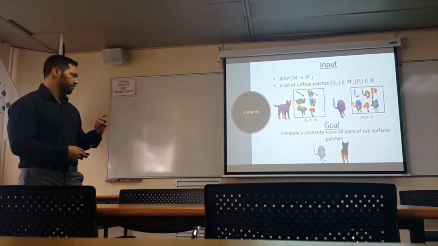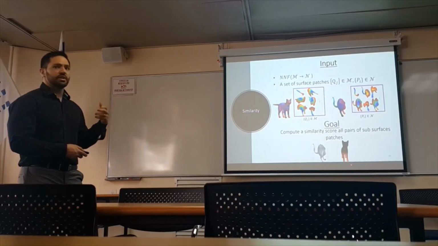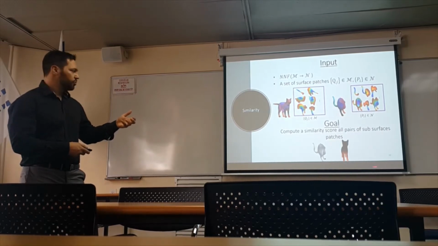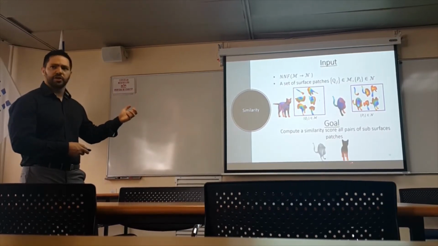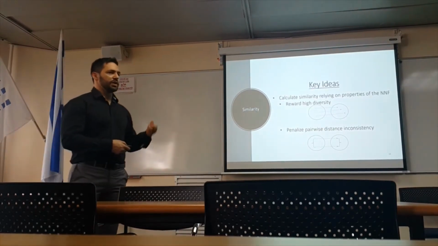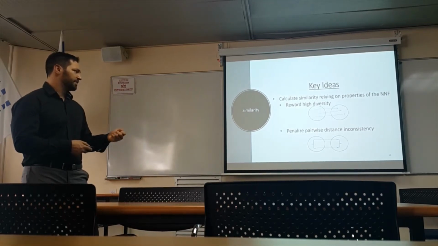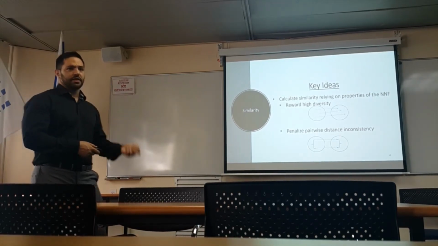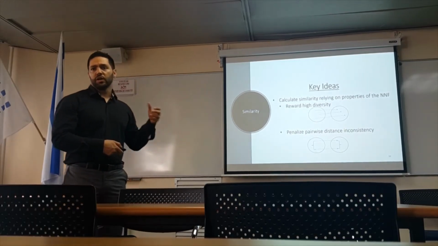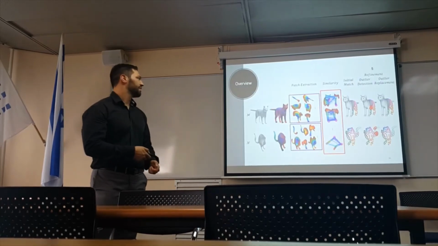So if we try to match the point in magenta here, we want the similarity, denoted from black low to white high, to be maximal in the correct point on the front of the form. The key idea is to calculate the similarity, which rewards high diversity and penalizes pairwise distances. Like I said, we'll go over it in detail later. For now, let's assume we have calculated it and see how we continue from there.